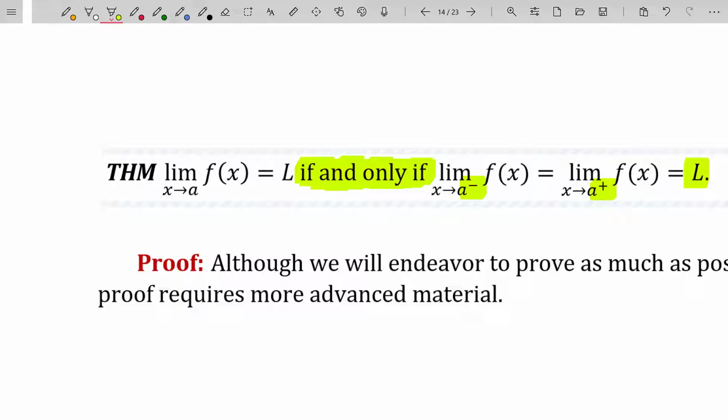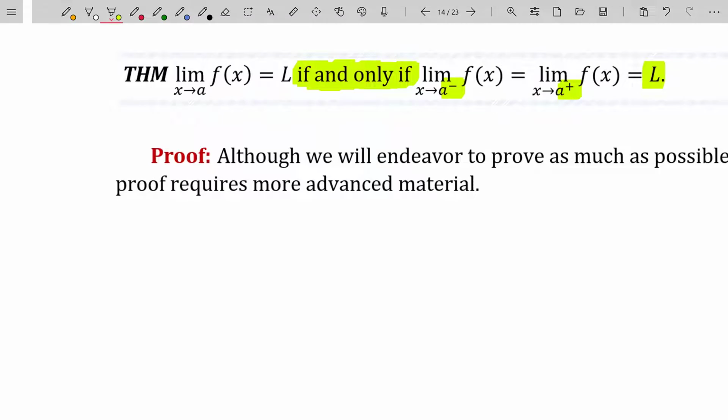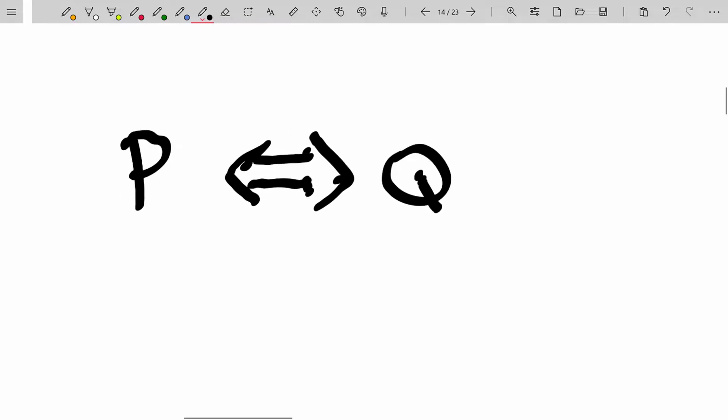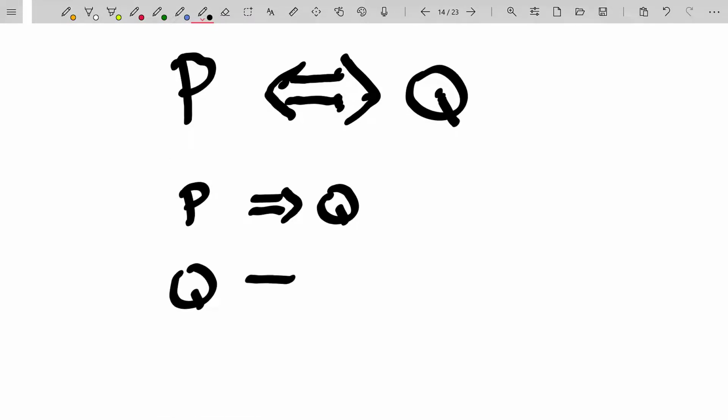Now I want to spend a moment talking about the if and only if statement. The if and only if is a very special type of claim within mathematics. It's called a bijection. You have a statement we call P and a logic statement called Q, like if it's raining, then it must be cloudy or something like that. The if and only if goes both ways. It is not only that P implies Q, but it also means that Q implies P. That's what the if and only if means, that you can go both directions with the statement.